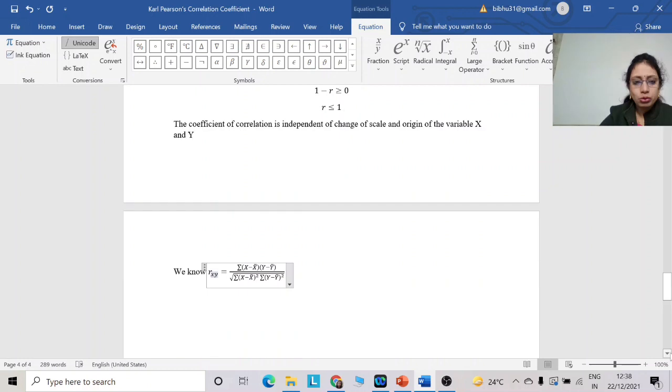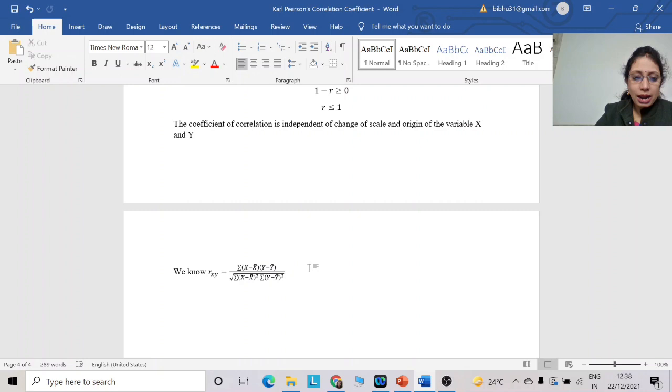Here we know that x bar and y bar refer to the actual mean of x and y series. Now what we have to do, for the change of origin and change of scale, from the values x and y, we have to add or subtract something, and we have to either divide or multiply some constant. So suppose we have two series, variable x and y.